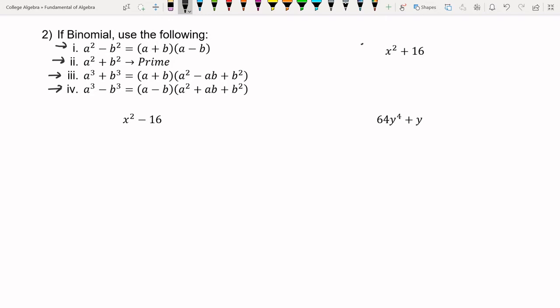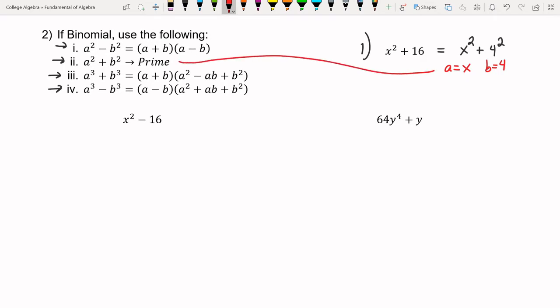This first one, x squared plus 16, is the same thing as x squared plus 4 squared. If we let a equals x and b equals 4, it satisfies that formula.